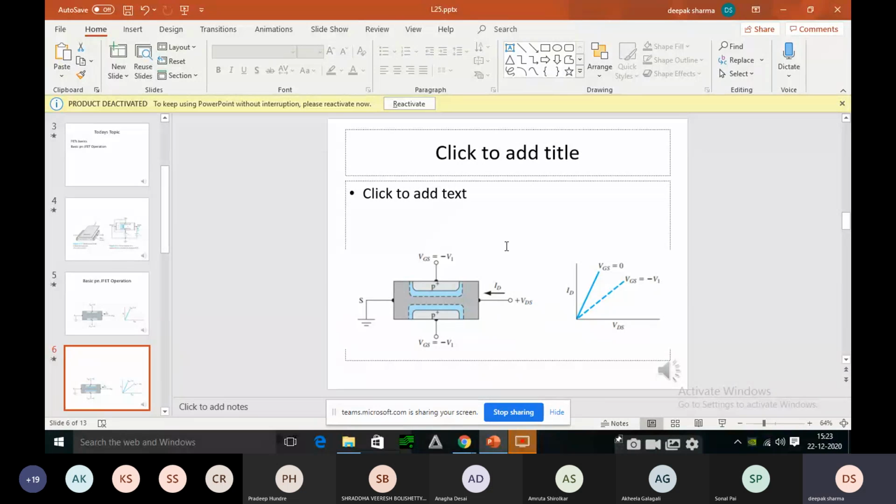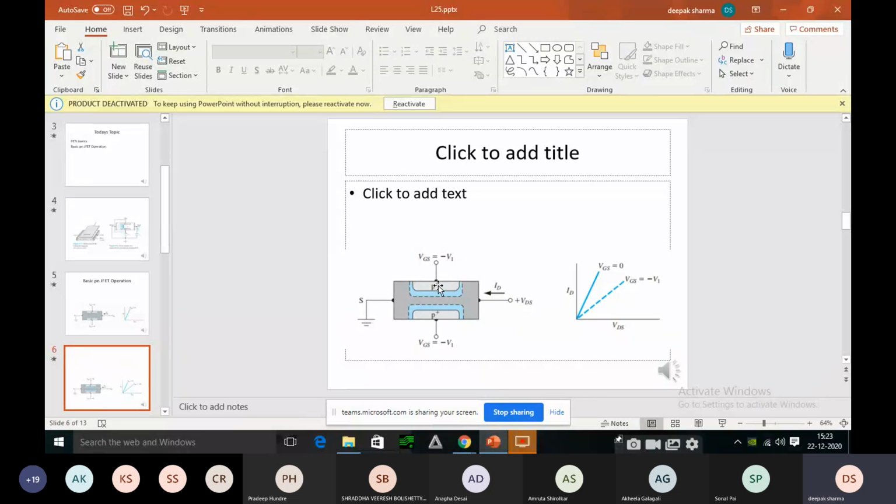Right. So this is the condition of the second case. Then what will happen? You have to write, because negative potential minus V1 is applied at the P-type material, it will be reverse biased. Correct? Negative potential at P-type, reverse biased.